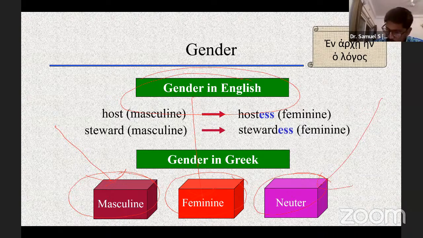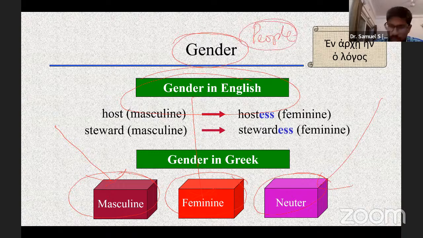This gender is in no way connected to the gender of people, right? So when we say some noun is feminine in Greek, it doesn't mean that it's a woman. It has nothing to do with human gender. These are just grammatical categories.